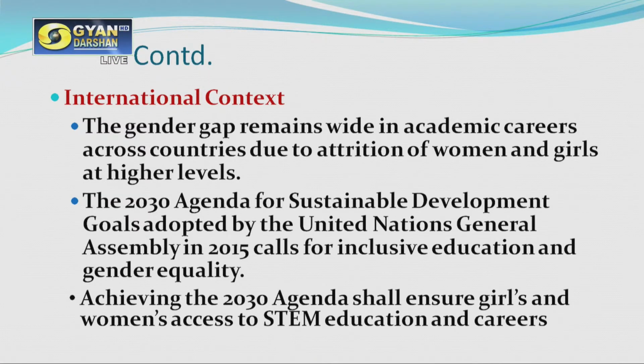The gender gap remains wide in academic careers across countries, due to attrition of women and girls at higher levels. The 2030 Agenda for Sustainable Development, the SDGs, adopted by the United Nations General Assembly in 2015, calls for an inclusive and transformative society and focuses majorly on gender equality. So how do we achieve gender equality? Achieving the 2030 agenda shall ensure girls' and women's access to science, education and careers.